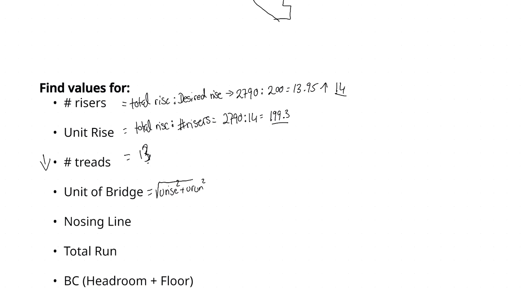So if we pop in those numbers, unit rise we had to figure out, so 199.3 squared plus 260, that was given to us, squared. Punch that into the calculator. Remember to square root. And that gives us 327.6.